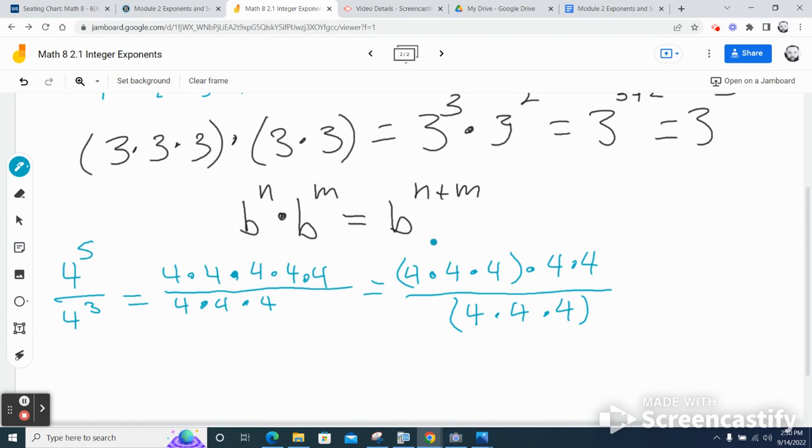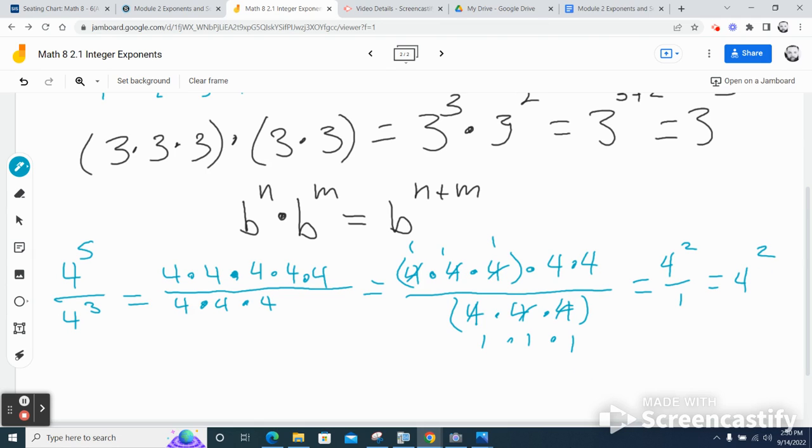What happens when you divide something by itself? What do you get? 1. So 4 divided by 4 is 1, three times. So I've got 1 times 4 times 4, which is the same as 4 squared, correct? All over 1 times 1 times 1, which is 1, which is really 4 squared.